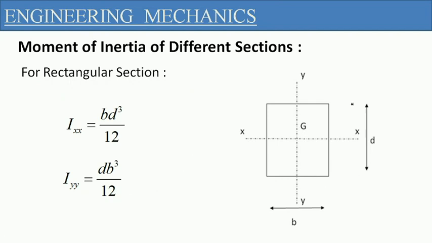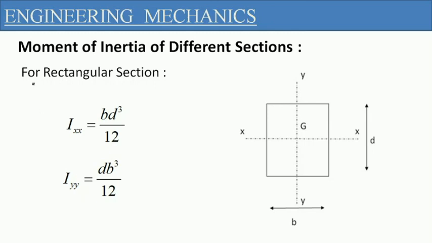These sections we can define in terms of symmetry. So when we solve numericals, if we know the direct value or direct formula of moment of inertia, it will be better. It will save your time, and you don't need to find out the complete formula.